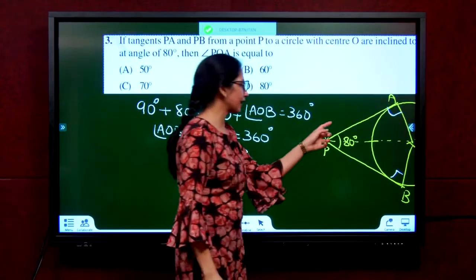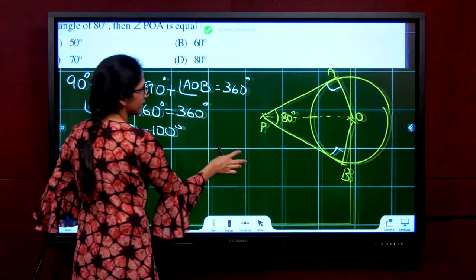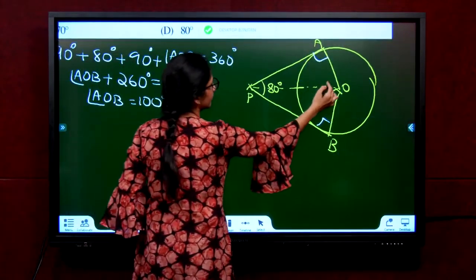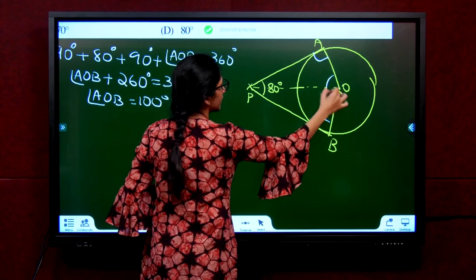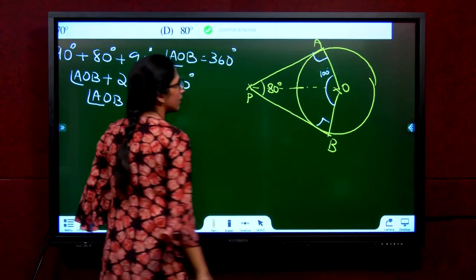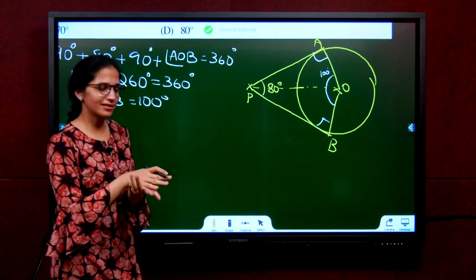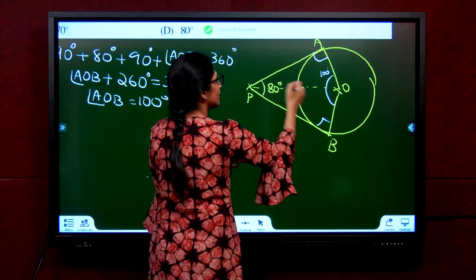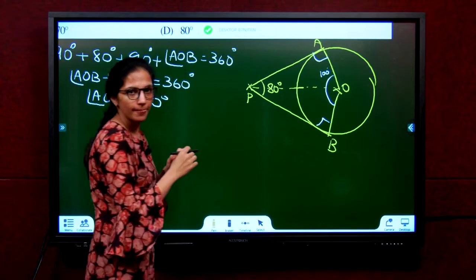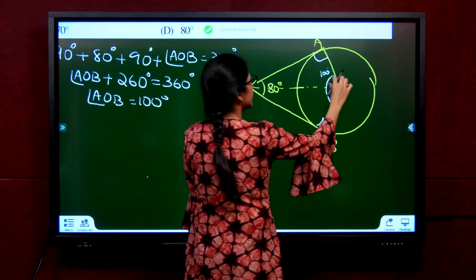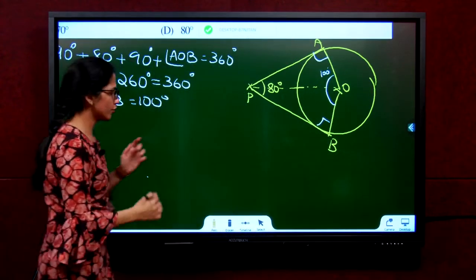Now we got to know this angle AOB is 100 degrees. This full angle is 100 degrees. Listen carefully. In so many proofs until now, before we started the exercise, we saw this triangle is congruent to this triangle. Do you remember? So if they are congruent, can I say this angle equals this angle? Yes. So we are going to use that now.